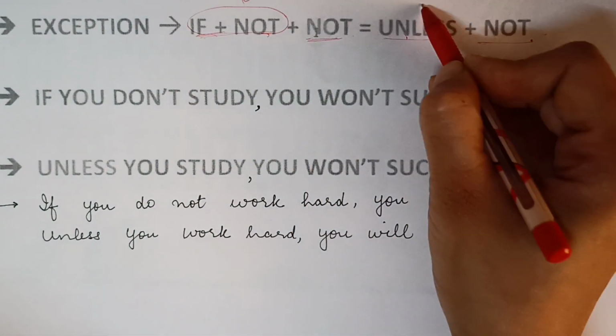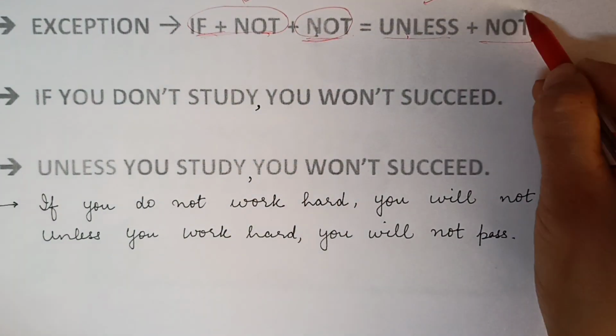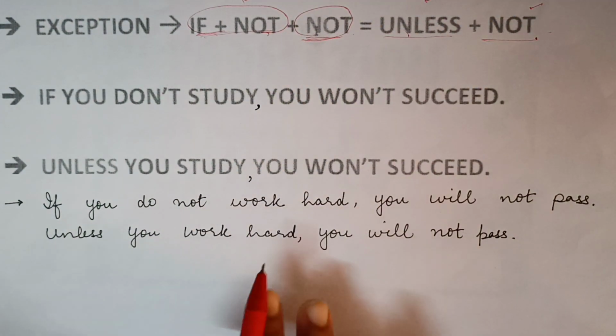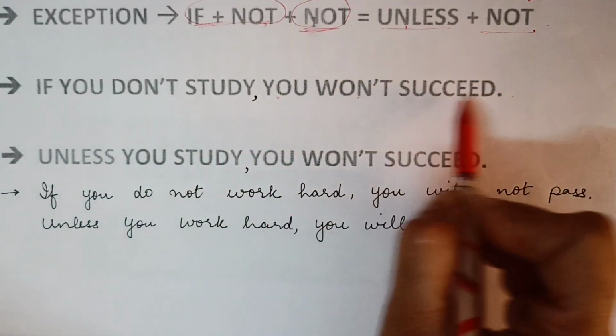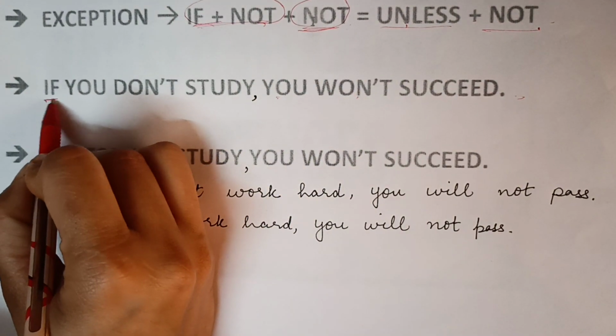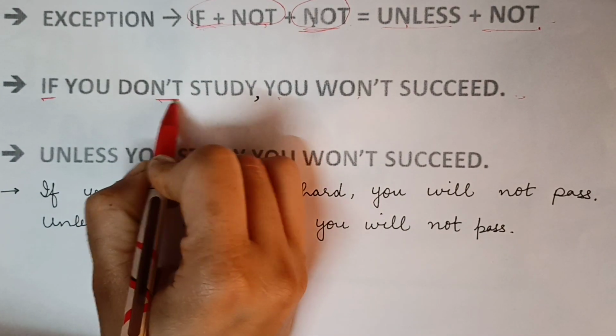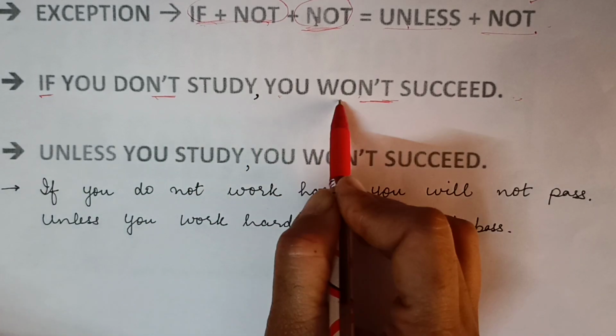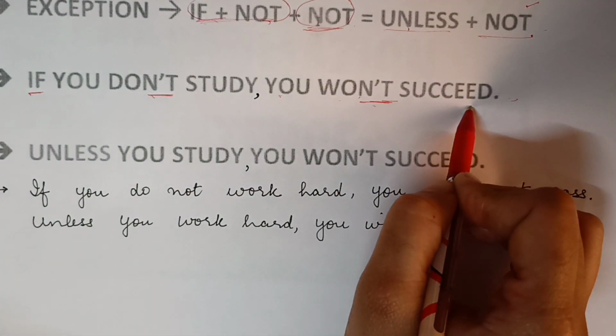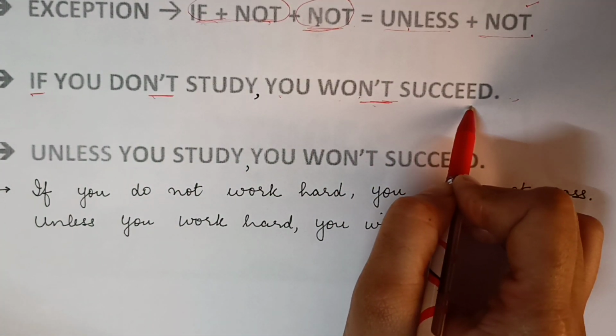So this goes with this, and not remains as it is. So let's take this example. If you don't study, you won't succeed. So in this case, we have a statement with if. We have one negative here and one negative here. So how will we interchange this sentence using unless?